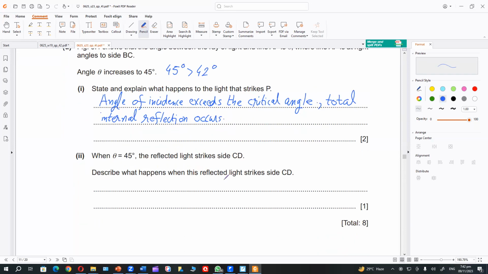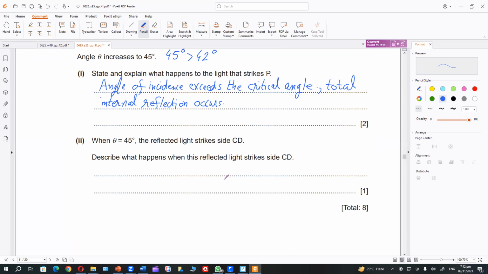Total internal reflection occurs. What is total internal reflection? The critical angle is smaller than the theta angle. Right? What happens in this total internal reflection? Does the light come back? It bounces back.